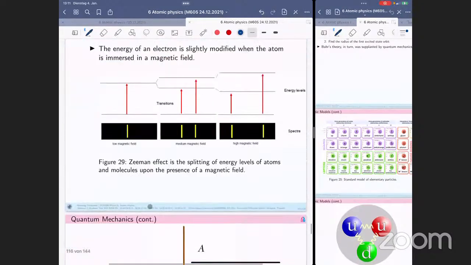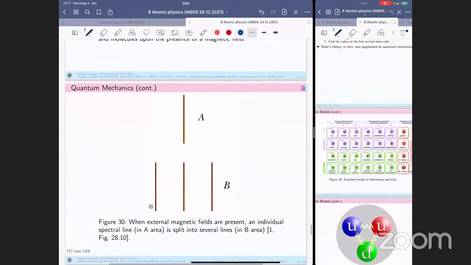And once we introduce the magnetic field, we could see several energy levels in the area B.